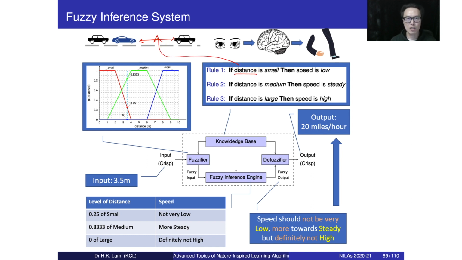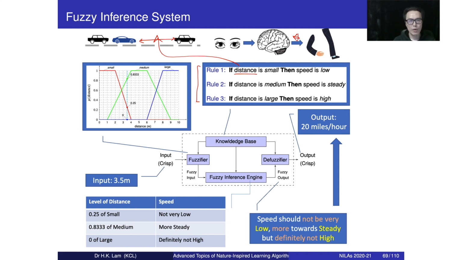In the driving, if I'm the driver, I use my eyes to measure or estimate the distance, and then based on this information as well as the knowledge or my experience described by this if-then rule, I process this information, and according to my experience, I generate some output at this point. That is some linguistic decision, and I will talk about this later on. With this linguistic information, I give the control signal to my limbs, hands and necks, to control the speed of the car.